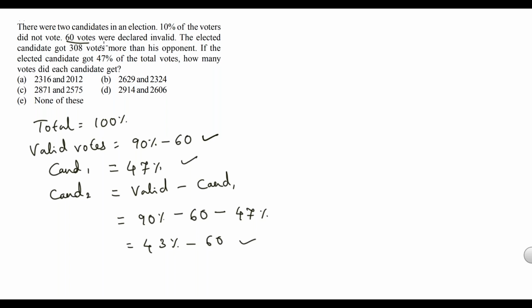Now they have given that the difference between these two votes is 308. Means the elected candidate has got 308 votes more than the other candidate. 308 votes more than means plus 308. Clear, right? This candidate's votes are 308 more. More means plus, more than this candidate.